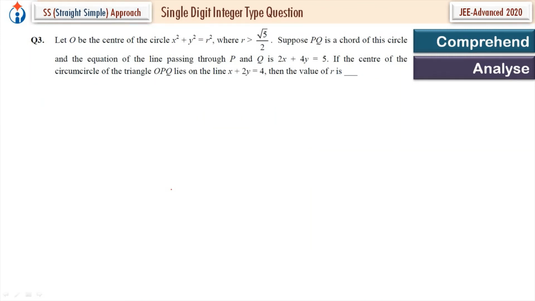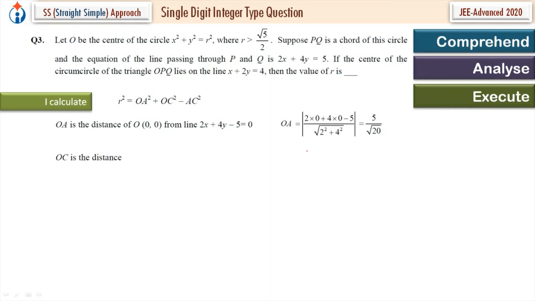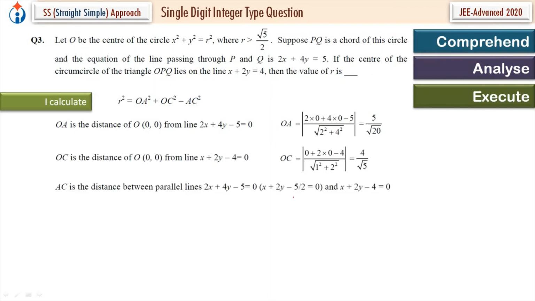I can find all three values. So which is the best method? Using the geometry. So I execute now, calculate. R square is equal to this. So perpendicular distance, I get the value of OA, value of OC, AC distance between them.